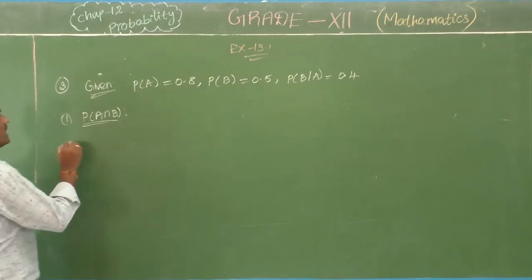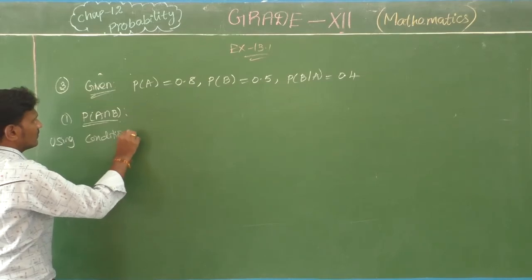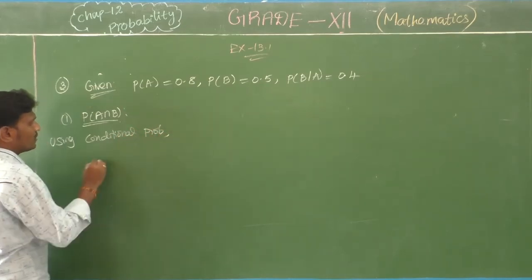Now using conditional probability, what is that formula?